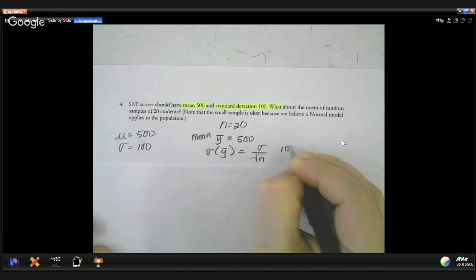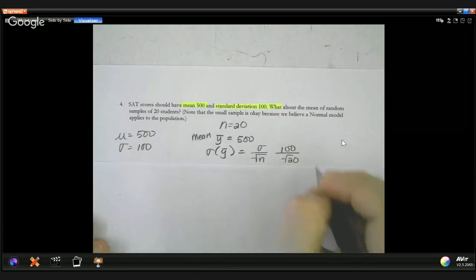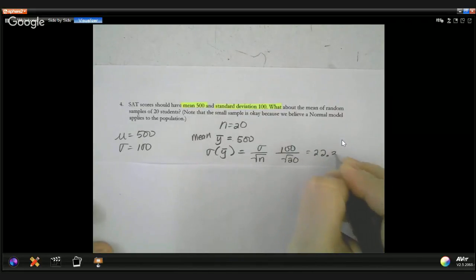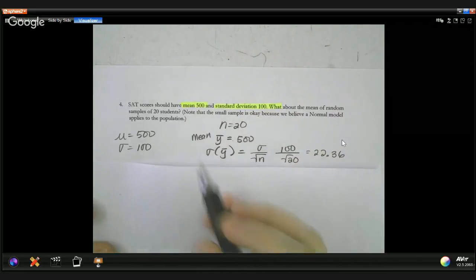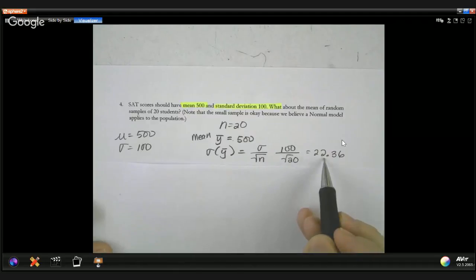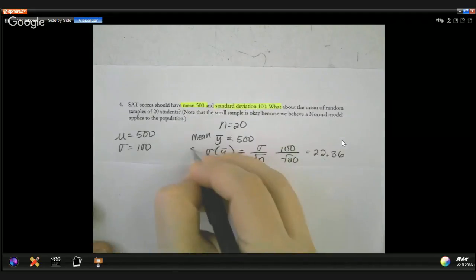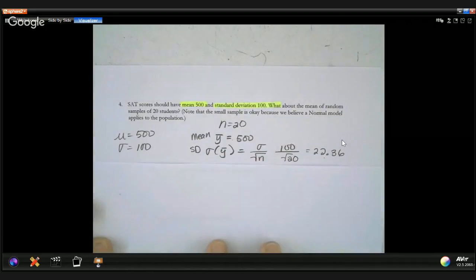So it's the given standard deviation over the square root of 20. And so when you plug that in the calculator, you get 22.36. So this is the mean and the standard deviation when you have a sample size of 20.